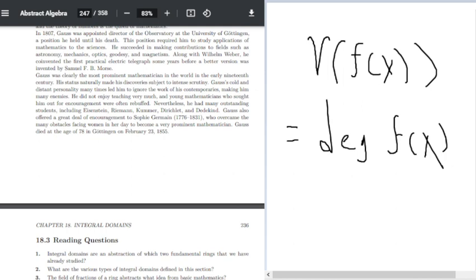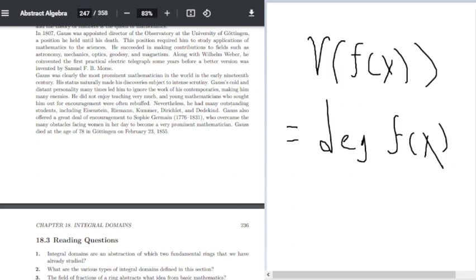Nevertheless, he had many outstanding students, including Riemann, Kummer, Dirichlet, and Dedekind. Gauss also offered a great deal of encouragement to Sophie Germain, who overcame the many obstacles facing women in her day to become a very prominent mathematician. Gauss died at the age of 78, in Göttingen on February 23rd, 1855.